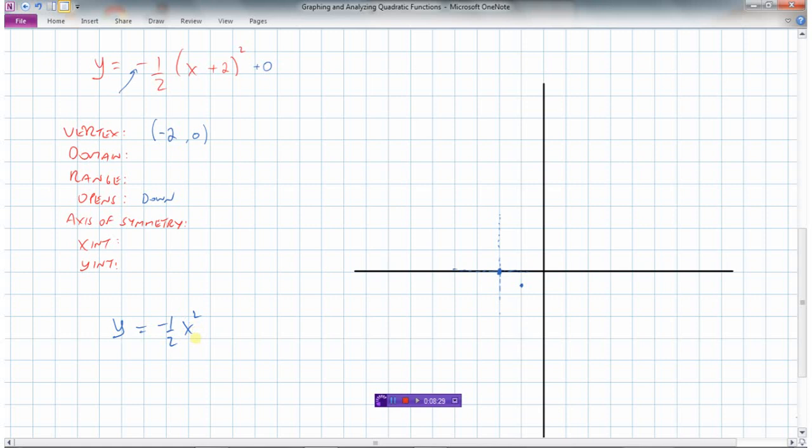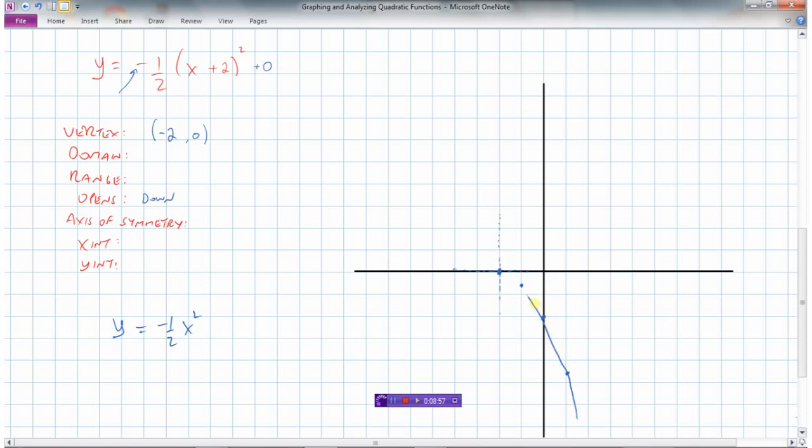When x is 2, 2 squared is 4. 4 times negative 1/2 would be negative 2. So when x is 2, y would be negative 2. And when x is 3, 3 squared is 9. 1/2 of 9 is 4.5 with a negative, so negative 4.5. 1, 2, 3, 4 down here.